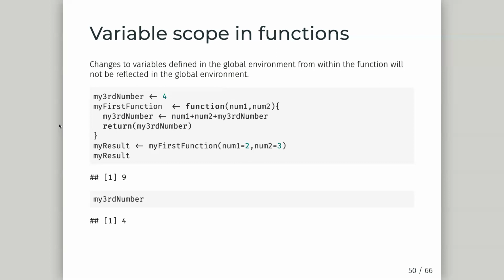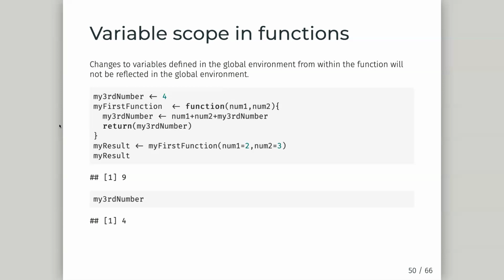Okay, changes that we make to a variable. In this case, my third number here, I'm actually going to change within my function. I'm going to assign the addition of num1, num2, my third number to this variable, my third number. I'm going to return it. And what I get back is 4 plus 2 plus 3. So I get 9.